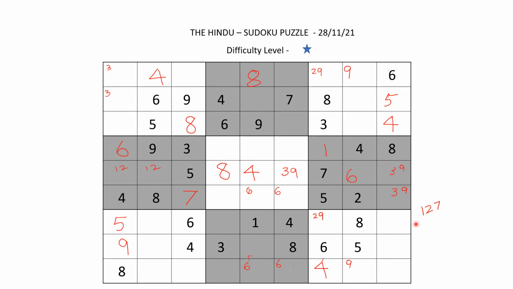Now we have a 1 here, so that means this cell cannot take 1, and this will take 2 and 7. Here the other 2 cells do not have any clues, so I am straight away writing all the 3 numbers just for our reference.